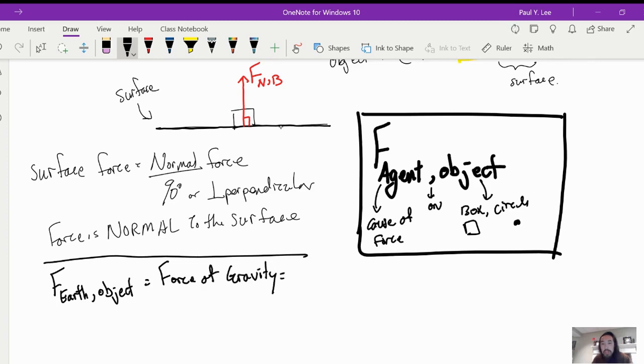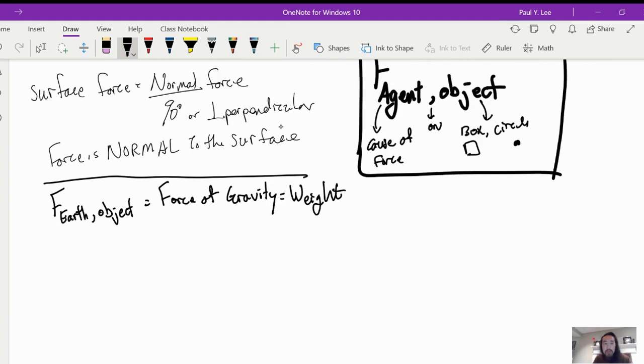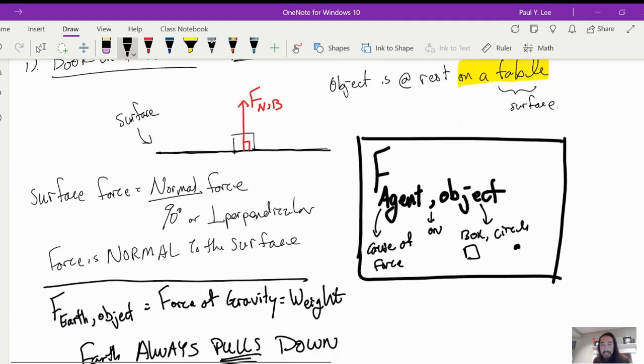Another way to represent this is weight. So the force of gravity is the same as the weight, and it is caused by the Earth on the object. For us, it's very important to know that the Earth always pulls down. Here's that important word for this unit. The Earth always pulls the object down.